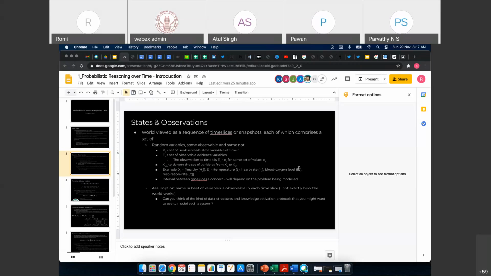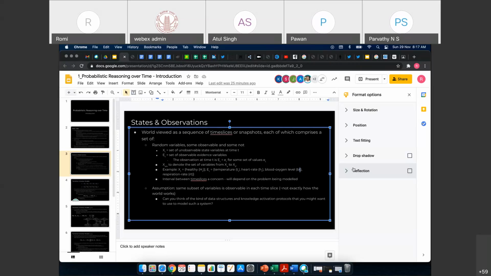So if I use a combination of values of these sensor inputs like temperature, heart rate, blood oxygen level, blood pressure level, blood sugar level, and etcetera, there are so many parameters. I can come to a conclusion whether a person is healthy or not, right?